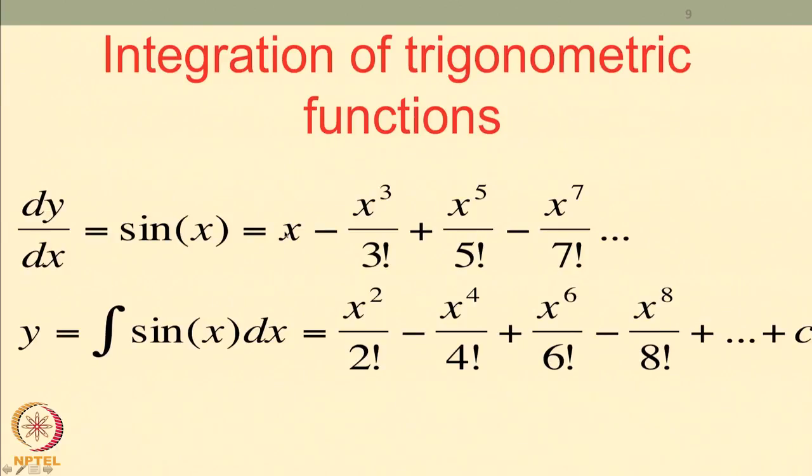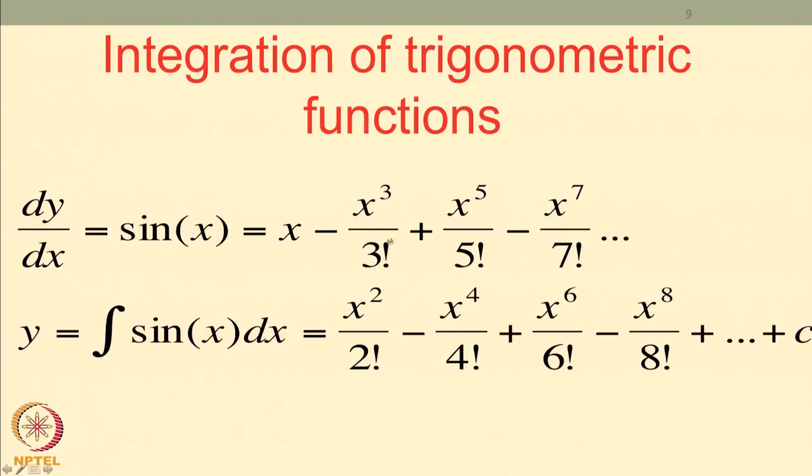Let us integrate term by term. The first term x has the integral x square by 2 factorial. Minus x cube by 3 factorial gives x power 5 by 5 factorial, and x power 7 by 7 factorial will have an integral as well.